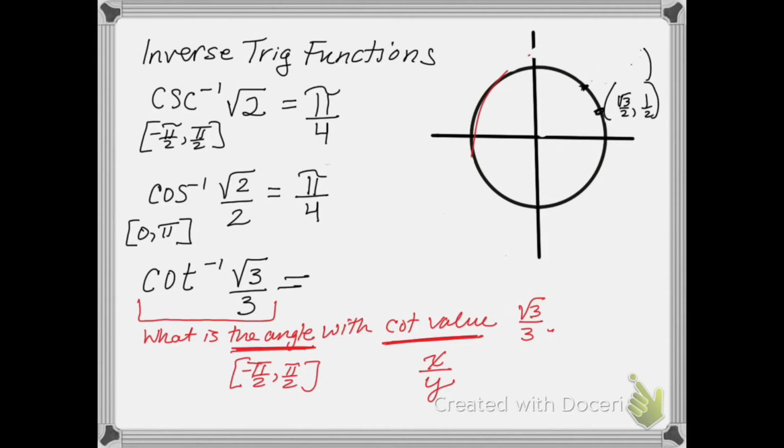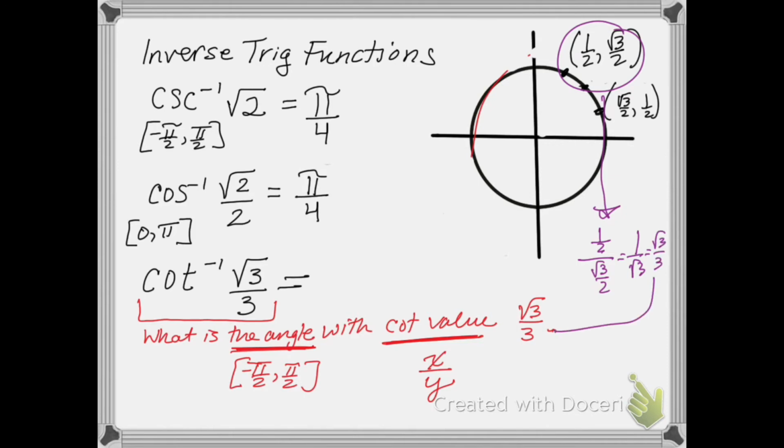And then I get to the next coordinates that have a rad 3 in them again, right? So that goes 1/2, rad 3 over 2. And then when I do the x over y for that, I take this and I look at the x over the y, it's going to be 1/2 over rad 3 over 2, which is 1 over rad 3, which is rad 3 over 3, which is what I'm looking for.